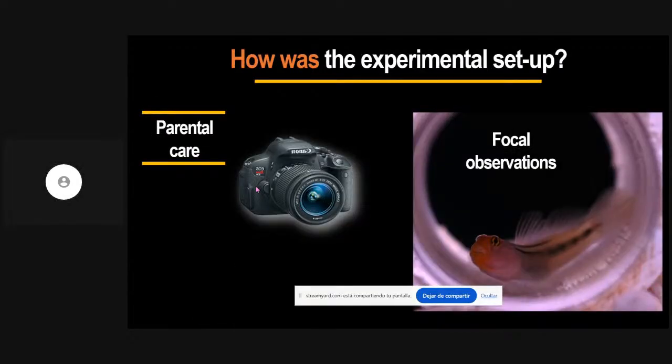Well, this question was partially solved with another experiment. We were performing another experiment filming parental care in males, and these observations were made every single day of development of the eggs, and we were able to see the activity of the male in comparison with the eggs and with the nest.